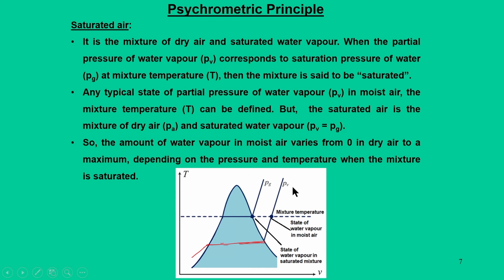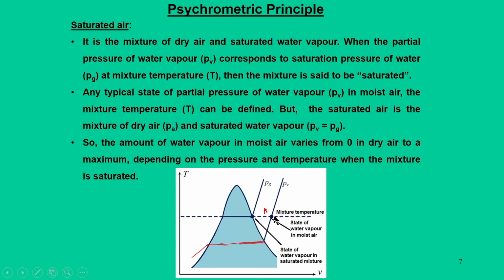So, if you have a state of moist air at this point A, then at this point A you can draw a vertical on the temperature axis to find the mixture temperature. Now, at that mixture temperature, the air exists, and that state is the state of water vapor present in the moist air. There are two ways in which we can bring this point to a saturation curve.